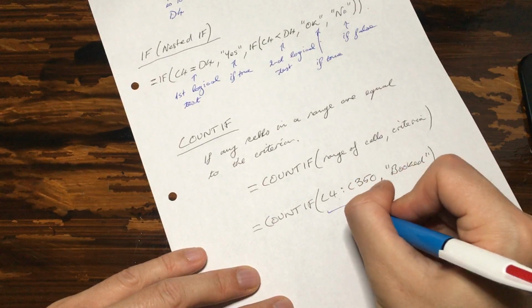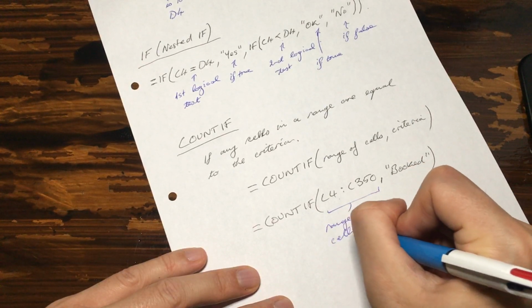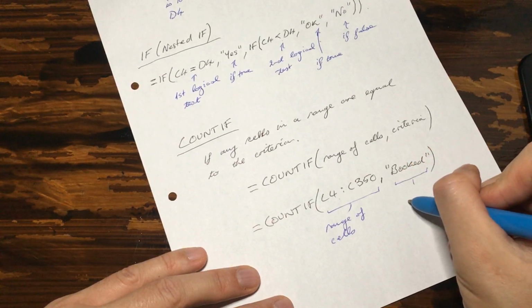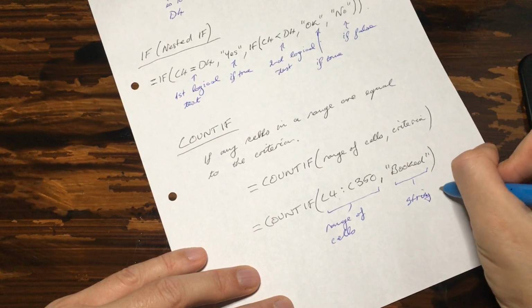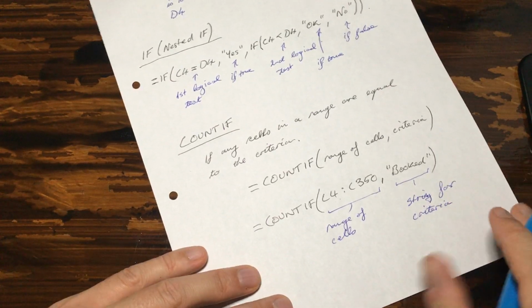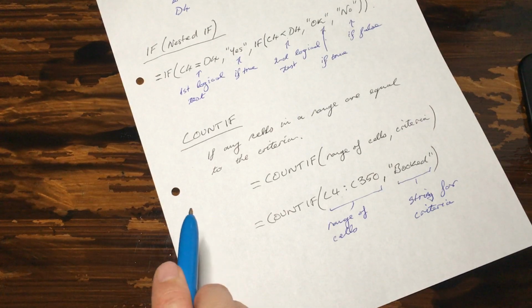I'm going to say range of cells, and here string for criteria. Right, so that's your count. Obviously you could do it differently as well.